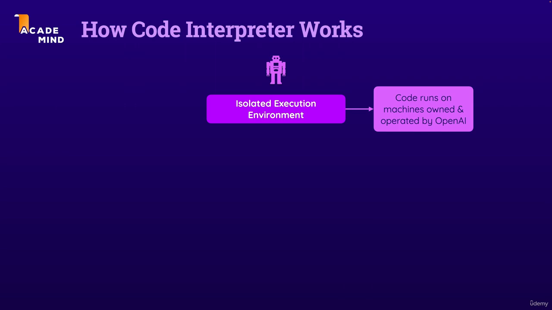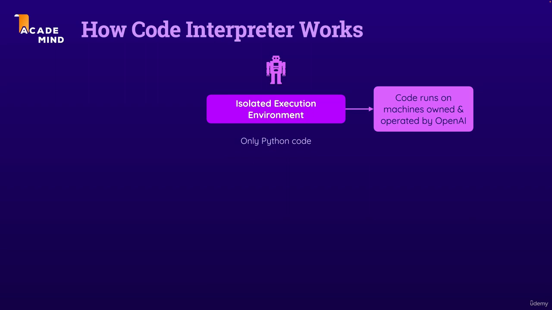And therefore, certain restrictions set by OpenAI do apply. For example, at the moment, OpenAI only provides an execution environment for Python code. So you can't execute other code with Code Interpreter at this point of time, though that of course may change over time.